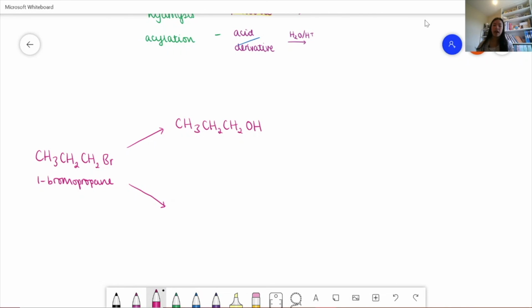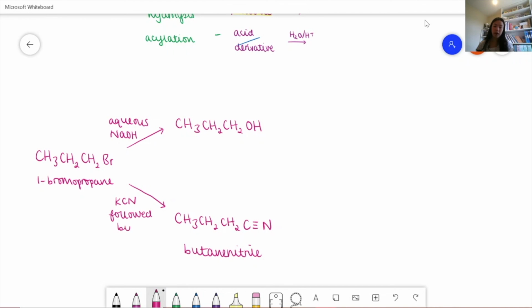And so we would have aqueous NaOH as the reagent. And then the primary nitrile that we would produce would be CH3, CH2, CH2, and then CN. So this is butane nitrile, because we have 4 carbons. And what we've done here is we've added some CN minus. So what we do is we add potassium cyanide followed by some H+.